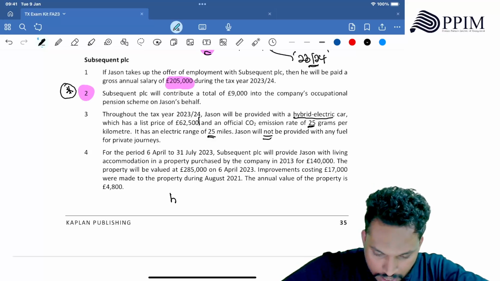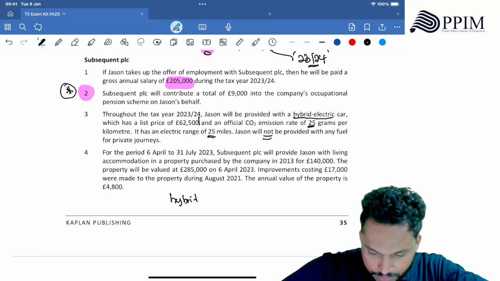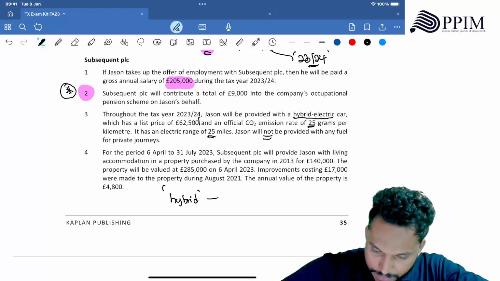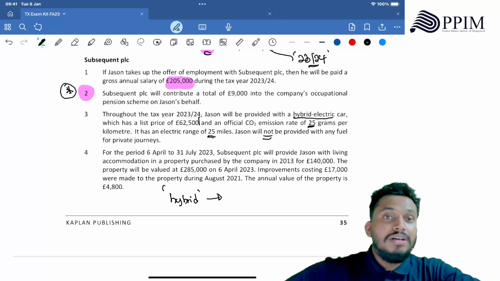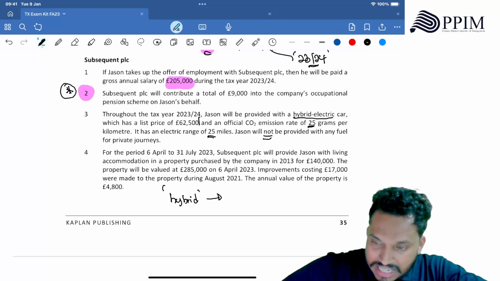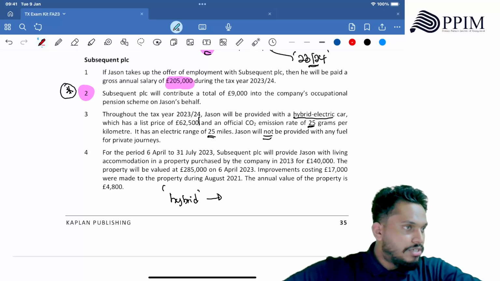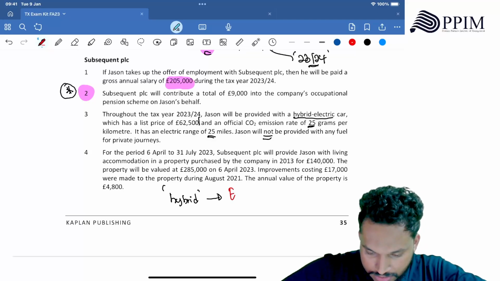This is a hybrid vehicle, so what you need to estimate is your electric range, not the carbon range. Let me call it the electric range.